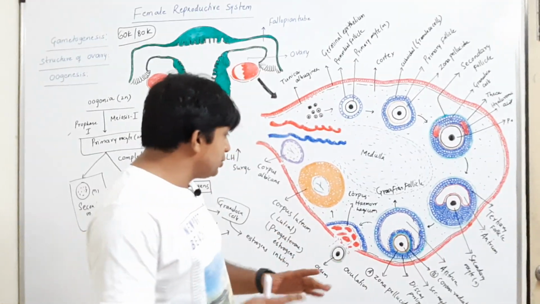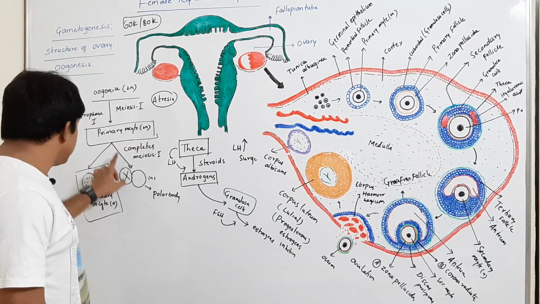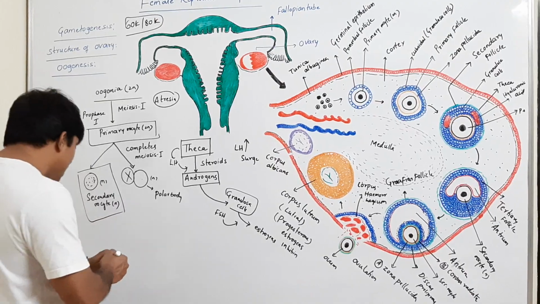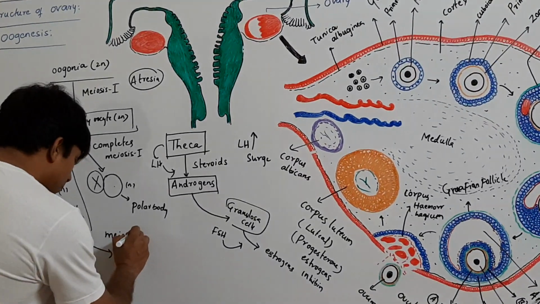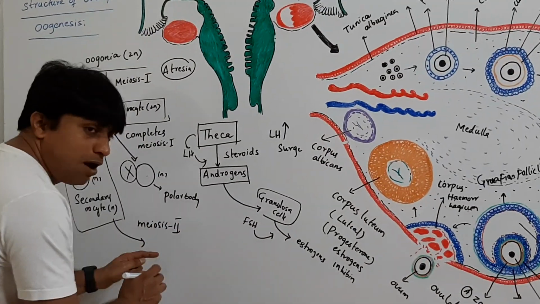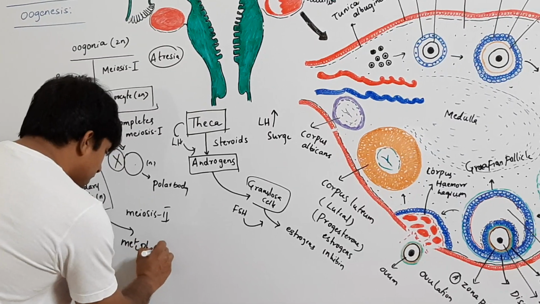Now during this stage, the secondary oocyte or ovum formed completes meiosis 1 and starts meiosis 2, but it does not complete; it will be arrested at metaphase 2.